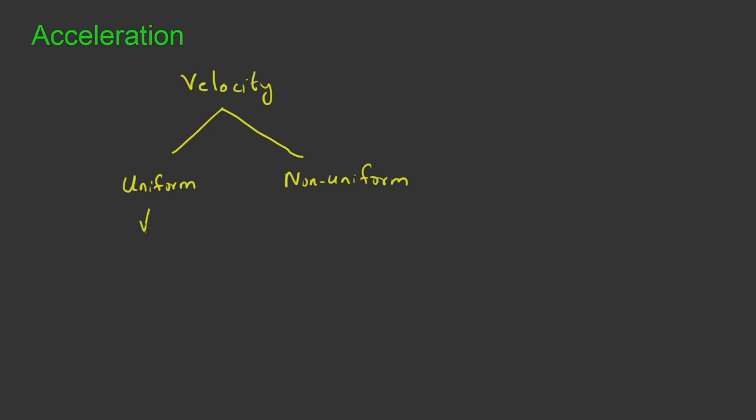So change in velocity is 0. For a non-uniform velocity, change in velocity is not 0. That is, the velocity varies with time.